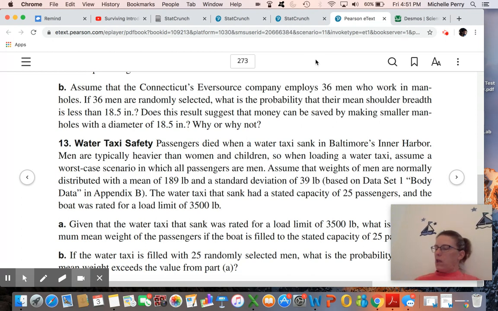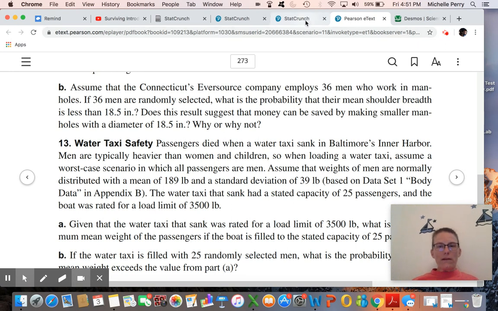So we can change that square root of 25 to its square root value, which is 5, as you can see there. So now we move over to StatCrunch, and remember the probability we want to know is the probability that their mean weight exceeds the value that we found in part A, which was 140 pounds.